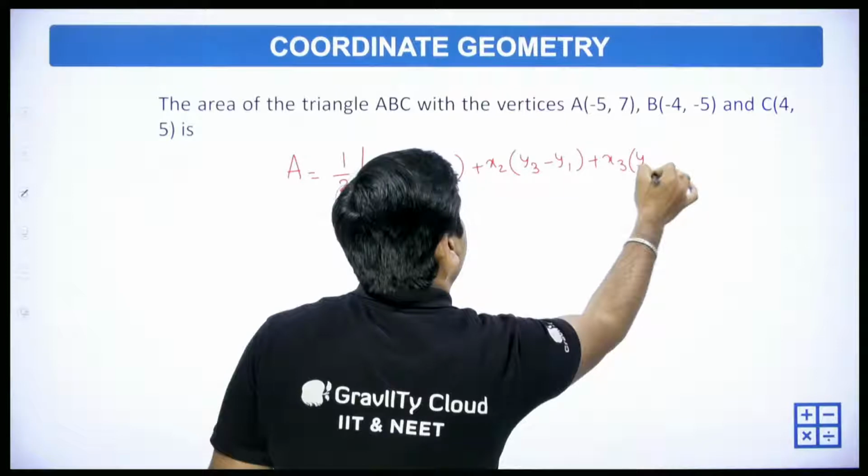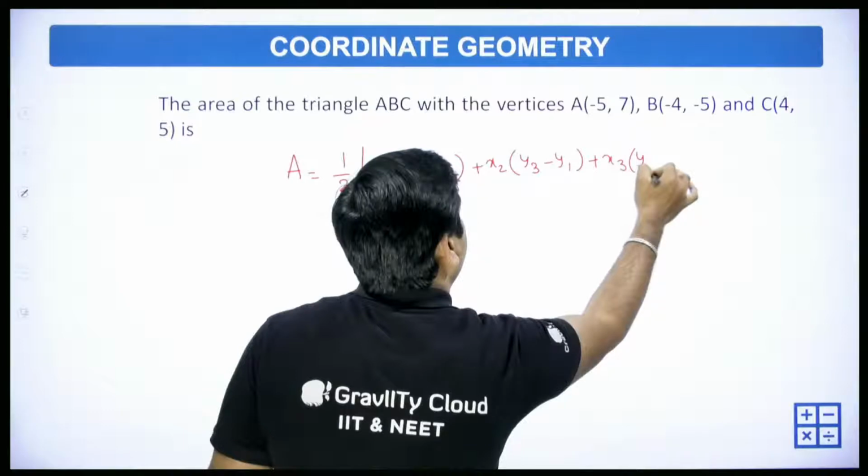Okay. So in the same way, we have a couple of more questions. Find the distance of the point from the origin. The point is minus 6, 8 and the origin is 0, 0. How to find the distance? Root over x2 minus x1 whole square plus y2 minus y1 whole square. Root over 0 minus of minus 6 whole square plus 0 minus 8 whole square.